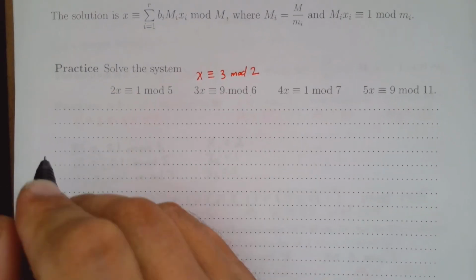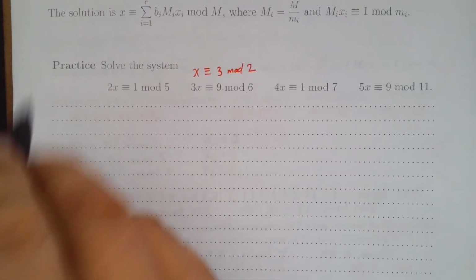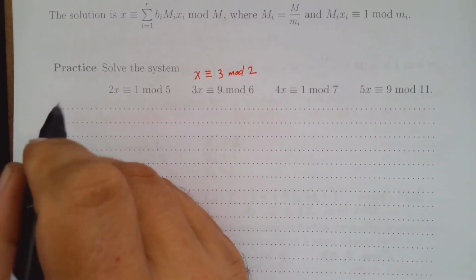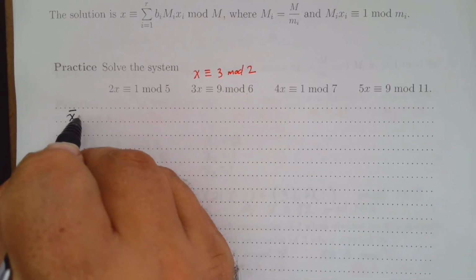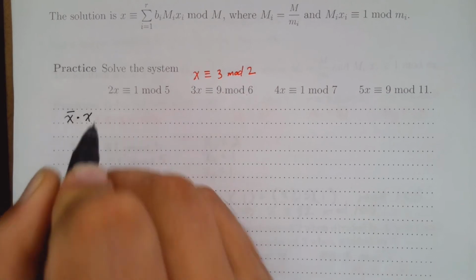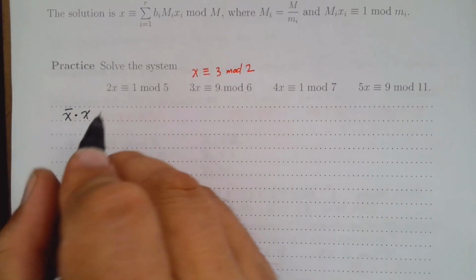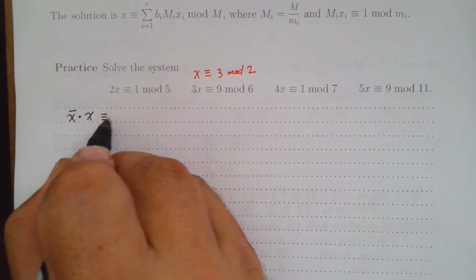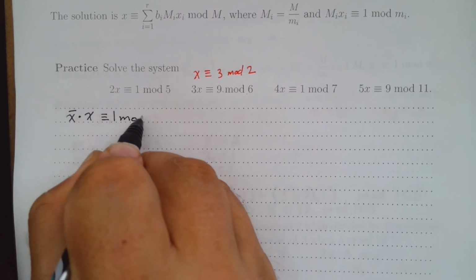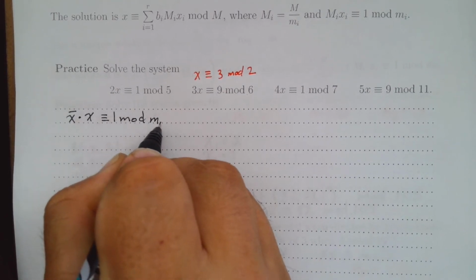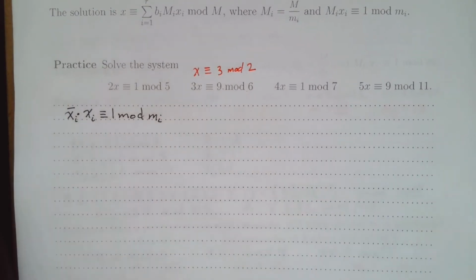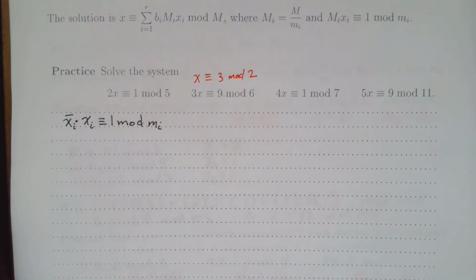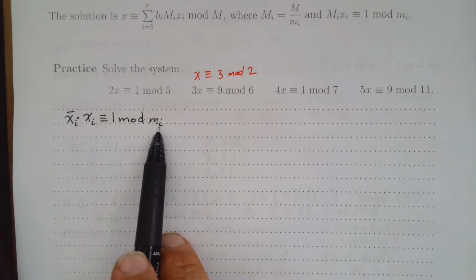So if I think about the idea of a multiplicative inverse, that is that my inverse times my number is going to be congruent to 1 mod whatever my particular modulus is.